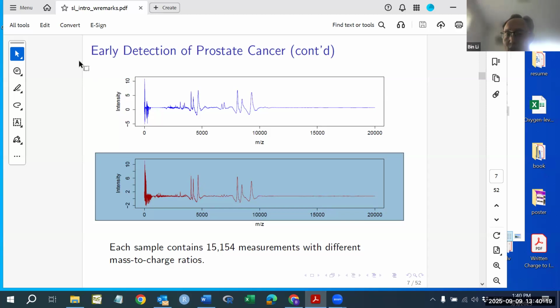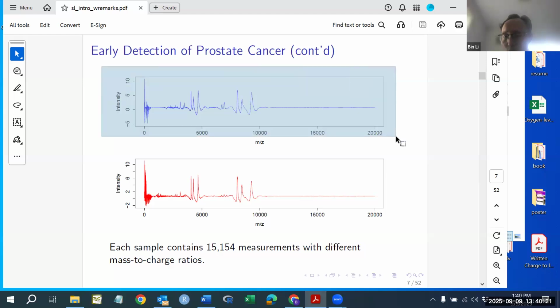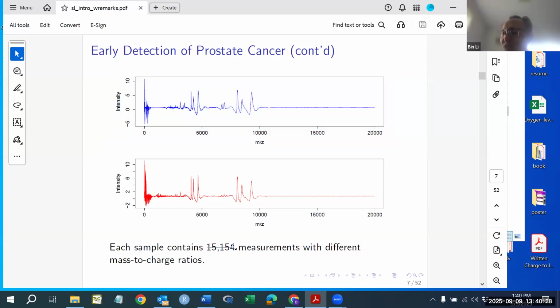Okay, and for each mass spectrum, how many variables do we have? How many channels do we have? We have over 15,000 channels. So that means we have over 15,000 X variables.